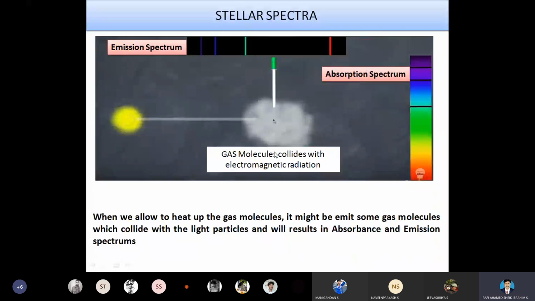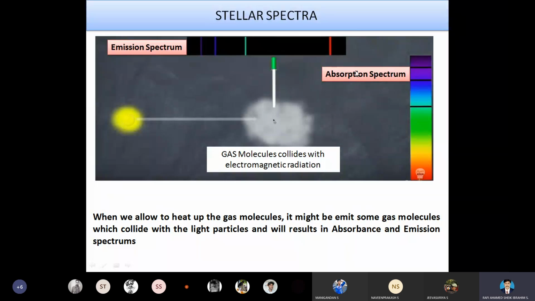That's why the emission spectra is mentioned here and the absorption spectra is mentioned here. So when the gaseous molecules collide with the core radiation, it results in the formation of two spectra: an emission spectrum and an absorption spectrum.